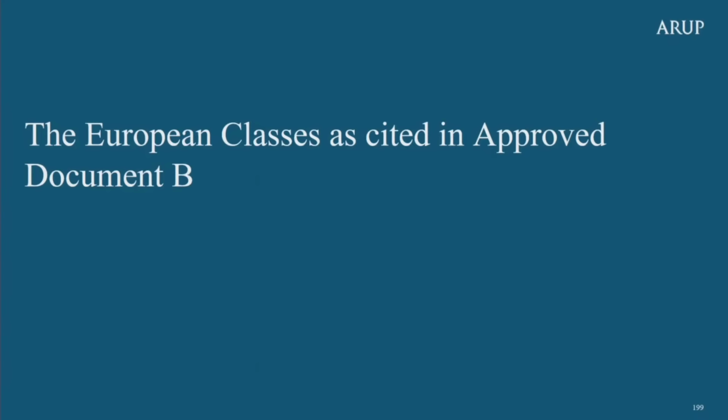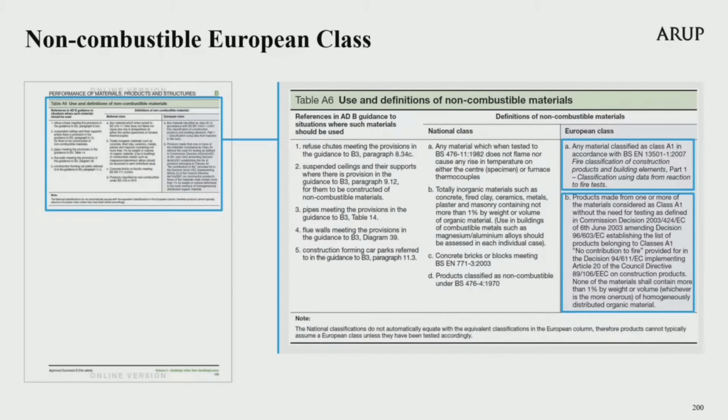The European classes are also referred to from approved document B. Back to table A6, but this time in the European class part of the table. There are two definitions of non-combustible provided, as you can see highlighted on the screen.